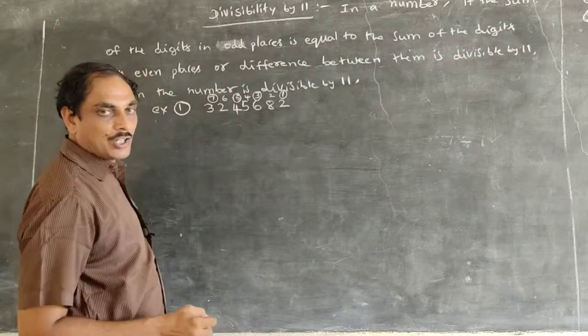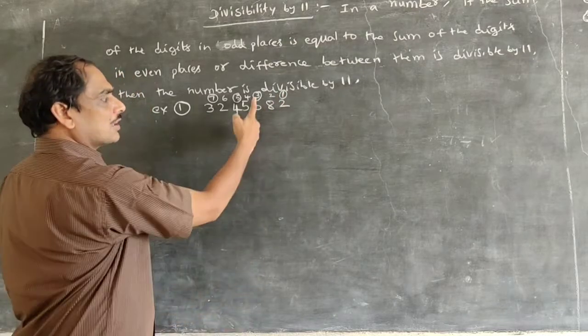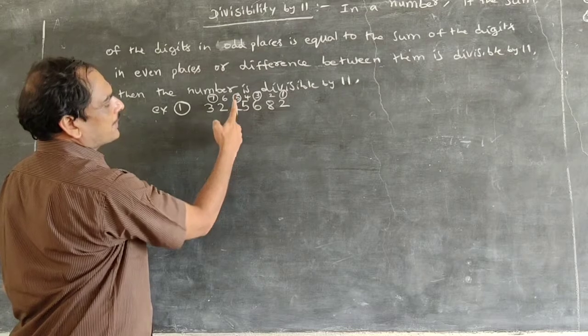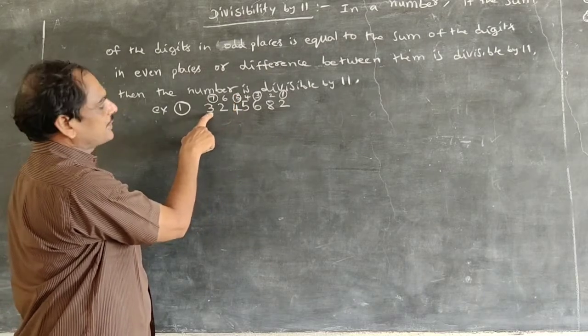The digits in odd places are: in the first place it is 2, in the third place it is 6, in the fifth place it is 4, and in the seventh place the digit is 3.